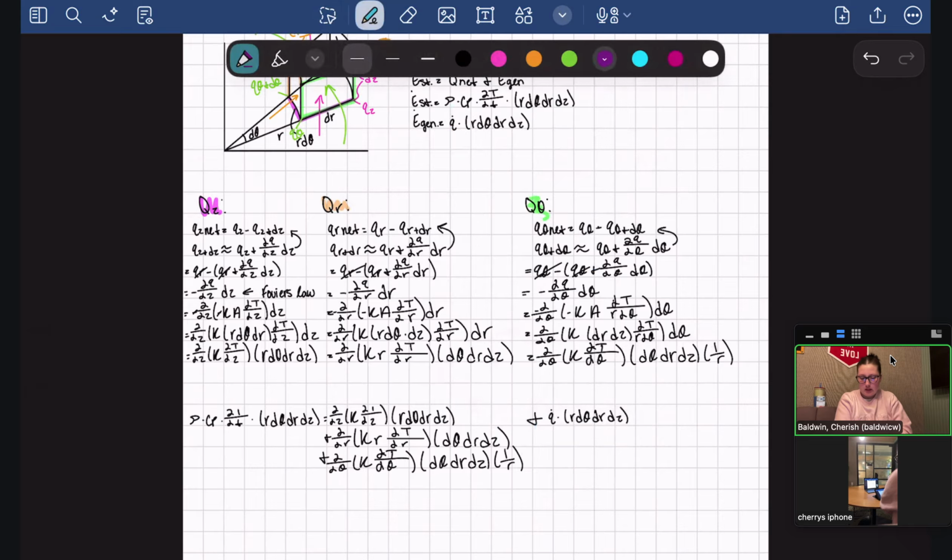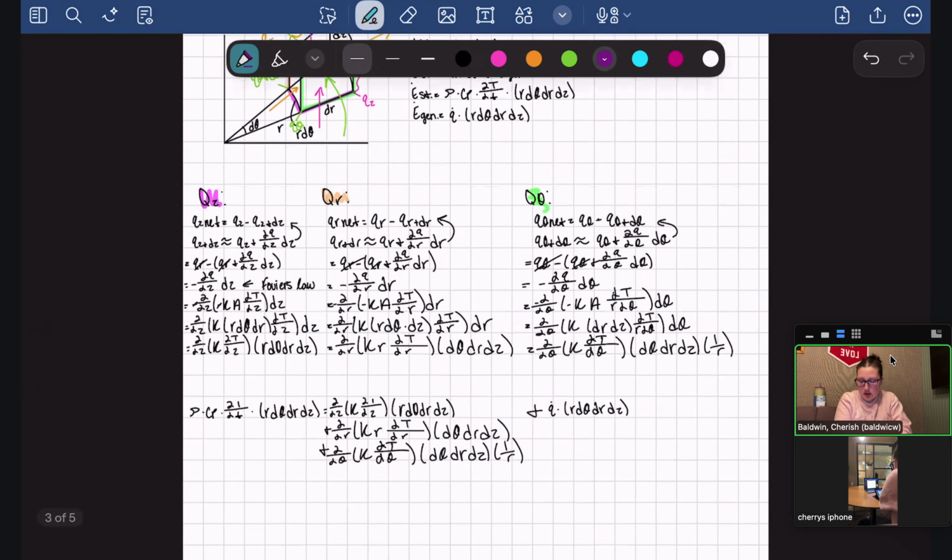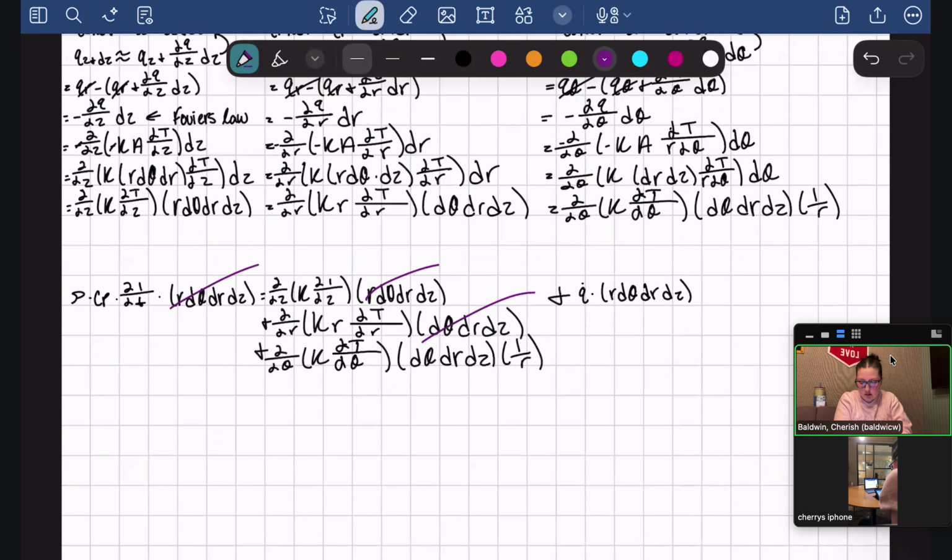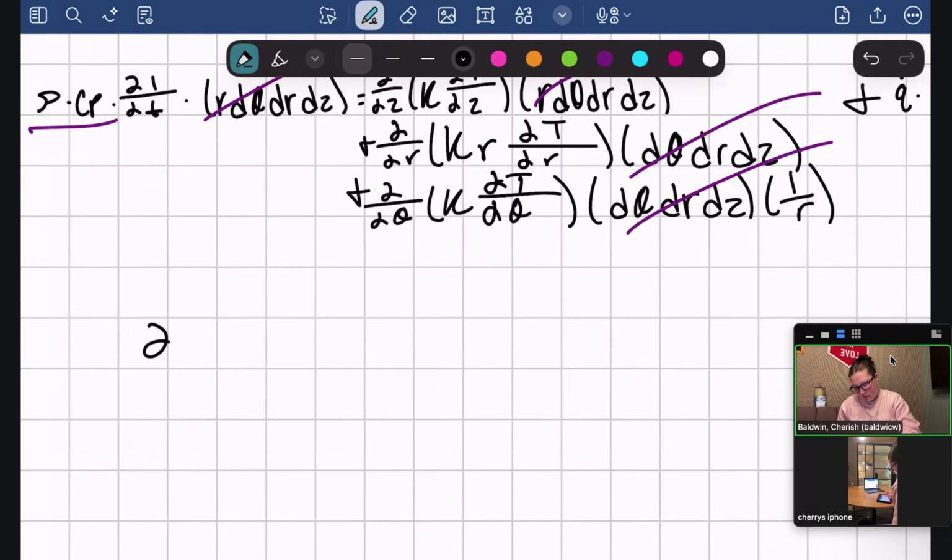Then I'm gonna cancel out all these beautifully, and then divide by delta CP, and then I'll get heat diffusivity.